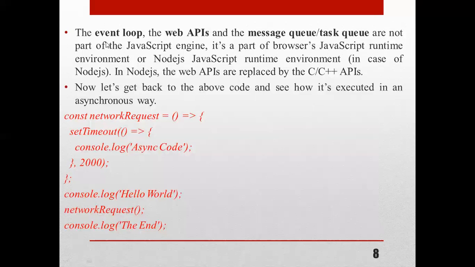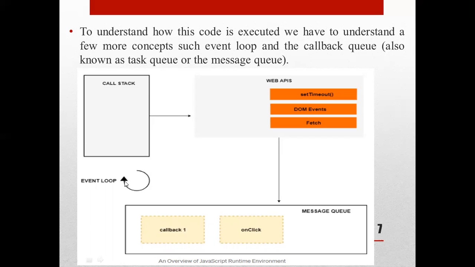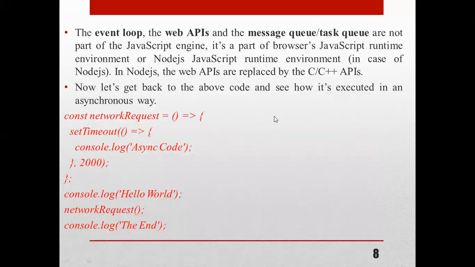The event loop, web APIs, and message queue or task queue are not part of the JavaScript engine. They are part of the browser's JavaScript runtime environment, or of the Node.js runtime environment. In Node.js, the web APIs are replaced by C or C++ APIs.